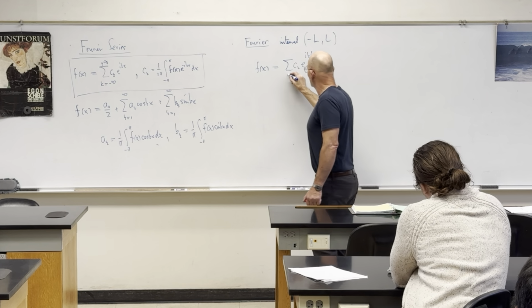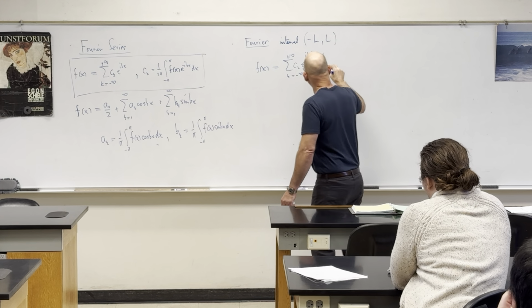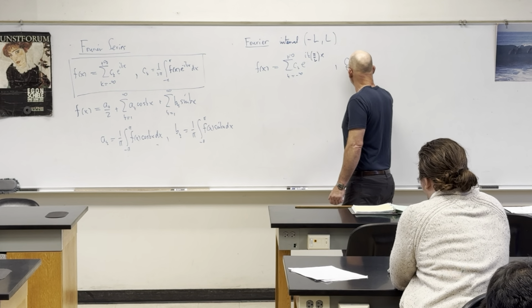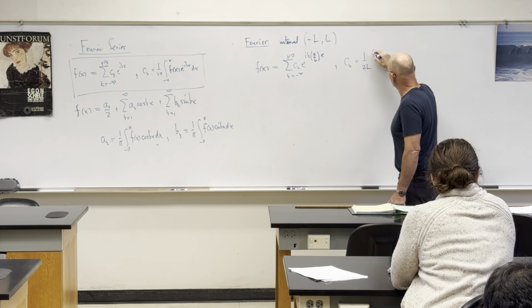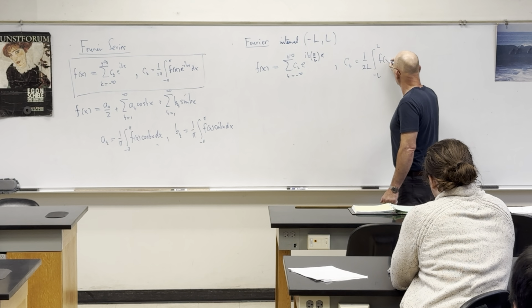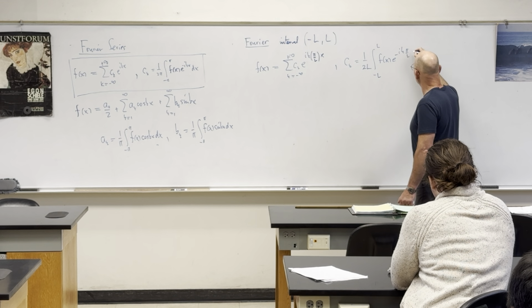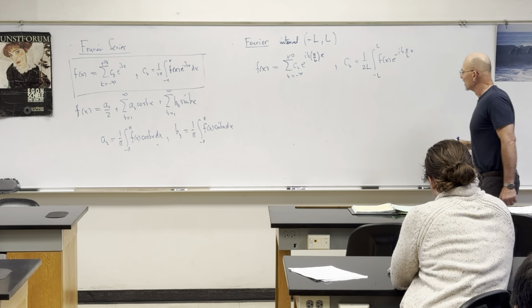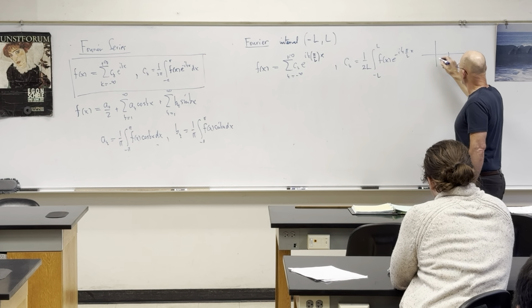So this is no problem. And we had C sub k equal to 1 over 2L, integral from minus L to L of f of x e to the minus I k pi over L x.